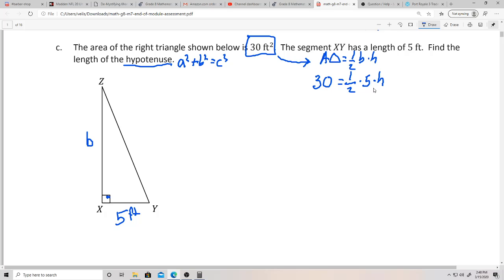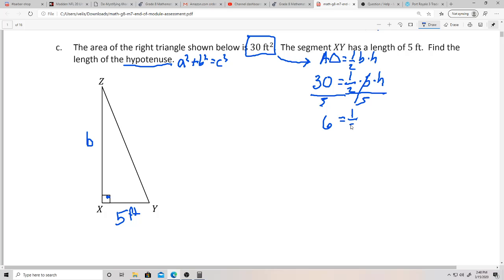Now, because we're older, we need to start using our algebra skills. Instead of simplifying this and then trying to divide 30 by 2.5, I would just divide all this by 5, and this will cancel out. 30 divided by 5 is 6.